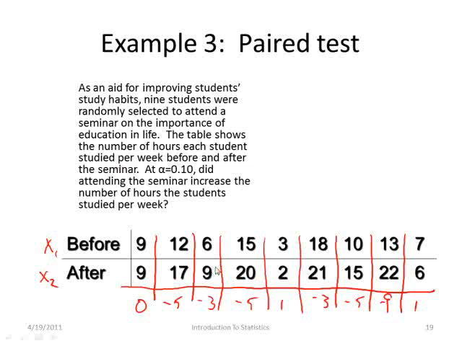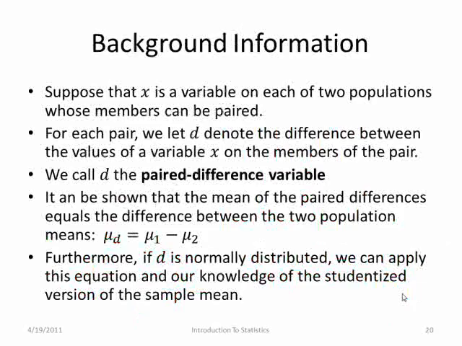If the seminar did work, then I would expect these differences to be negative. Okay? We're going to keep that in mind as we continue on. We're going to come back to this.